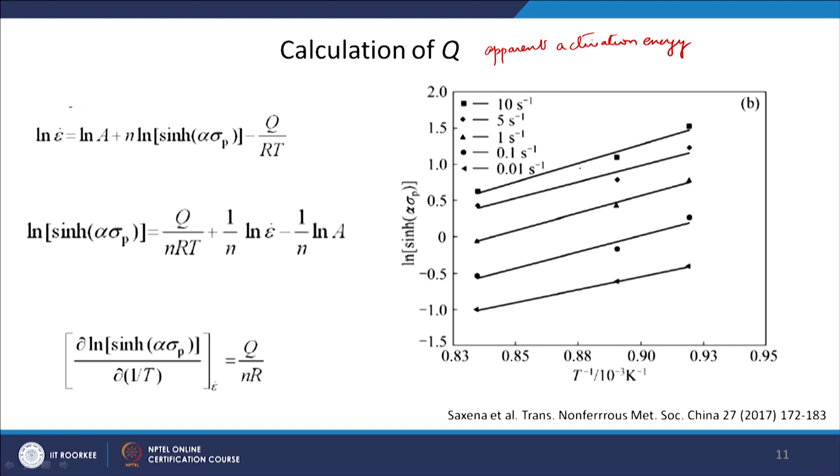Earlier, if you remember, in dynamic recrystallization, as you change the temperature, the flow curve changes from a single peak, which shows discontinuous dynamic recrystallization, to a multiple oscillating peak kind of stress strain curve.